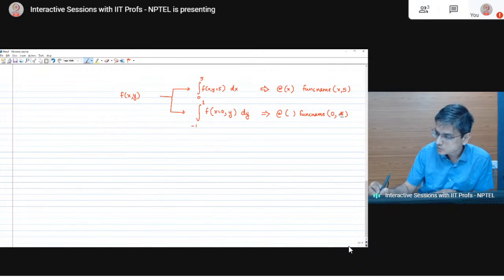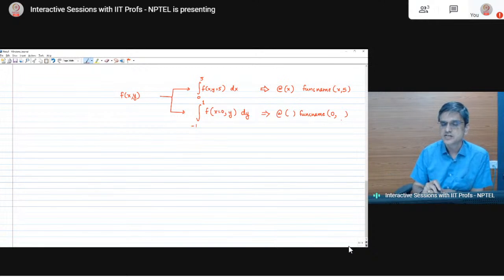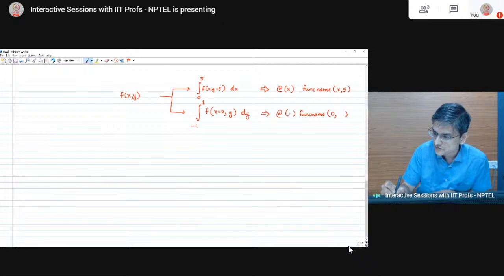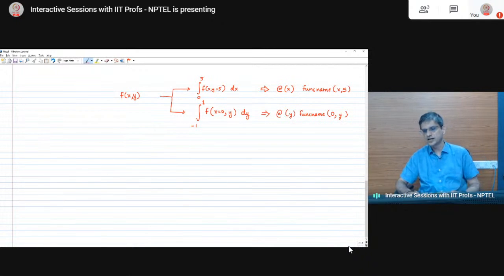The concept is that these are dummy, and Matlab recognizes what variable it is when you use the same letters or the same set of characters to represent both the variable as well as the location in the func name arguments. So again, to keep things simple and right, I will again call it as at y func name 0 comma y. This is how functions in Matlab work.